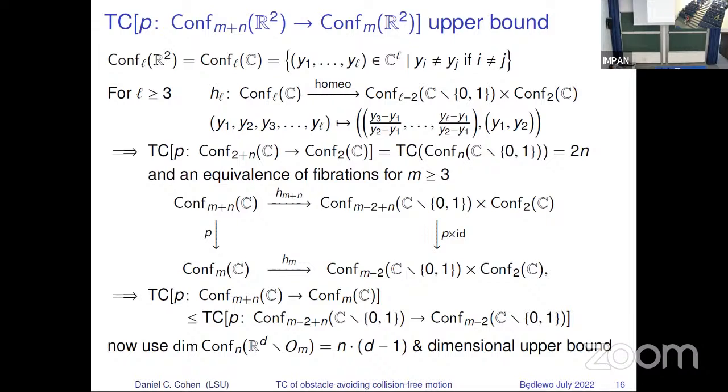And various Morse theoretic considerations tell you the homotopy dimension of these configuration spaces. And if you work this out, you get the exact same number that the cup-length calculation gave us last slide. So that's how you deal with the case of motion in the plane.